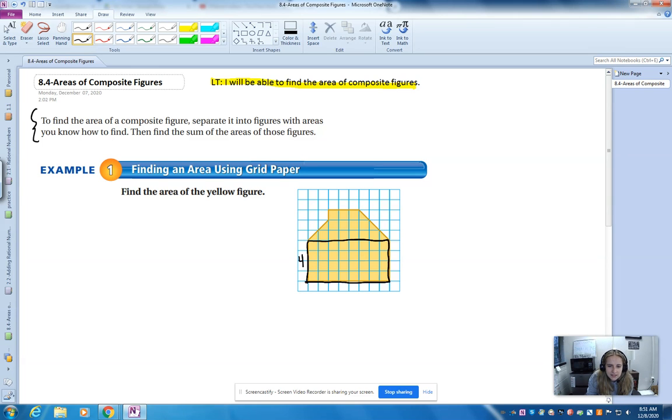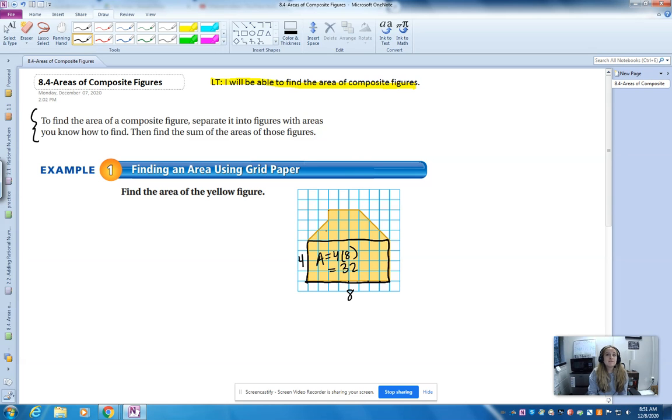That's 4. And the length is 1, 2, 3, 4, 5, 6, 7, 8. Remember, area of a rectangle is length times width, 4 times 8, which gives me 32 units.